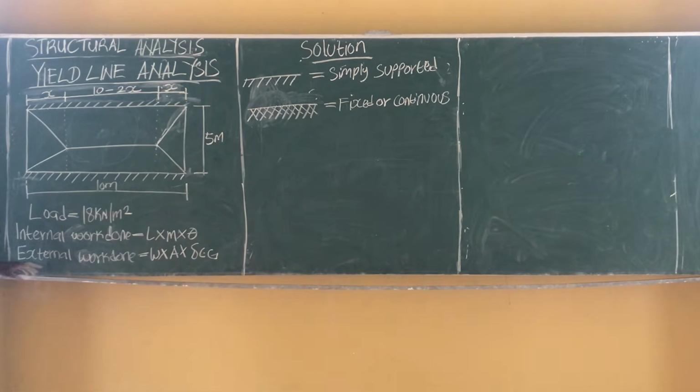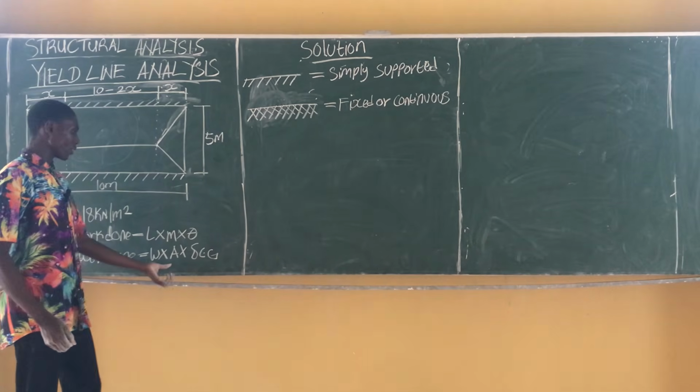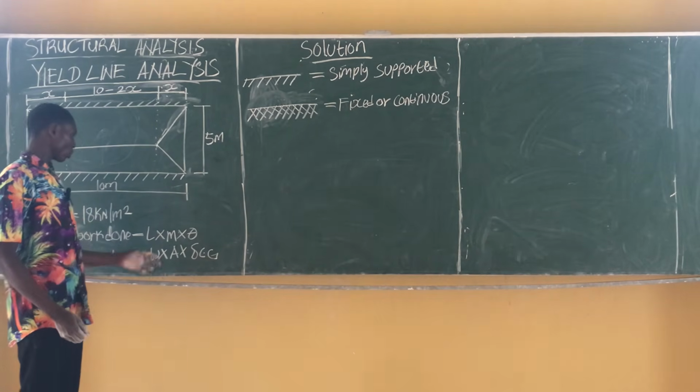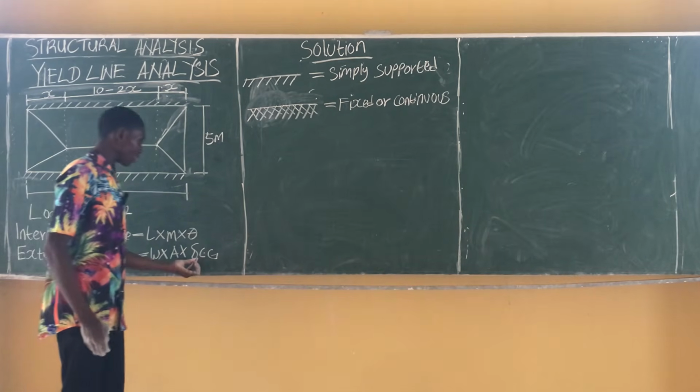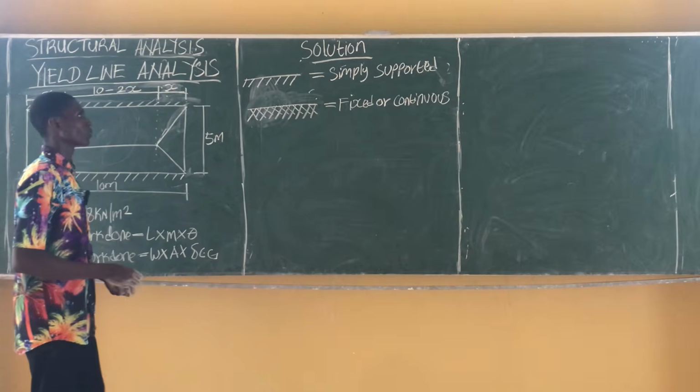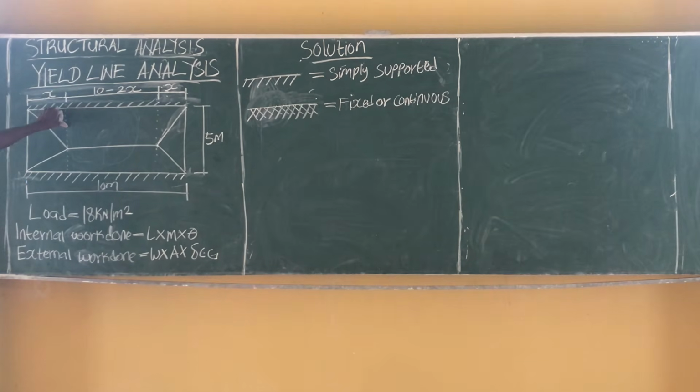So whenever we want to obtain our external work done, we simply multiply the load acting upon the slab by the area of the segment being considered, by the deflection of the center of gravity.